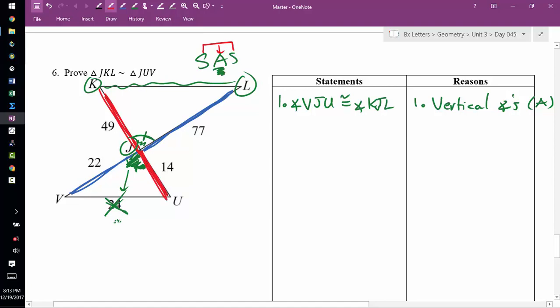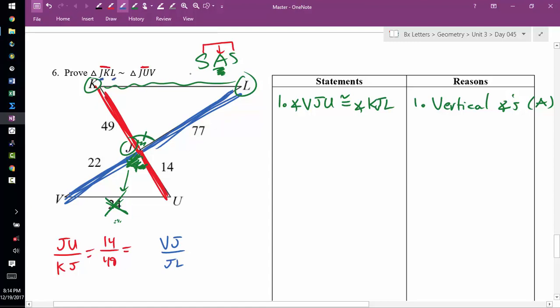So I'm definitely going to use this side, JU, and that's going to correspond to side KJ. JK, JU. So that's 14, 49. I'll check that later. And then I'm definitely going to use this side down here, VJ and JL, right?